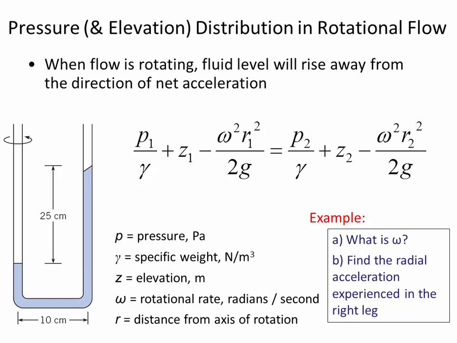I could have made the bottom of this U-tube my vertical datum, but that wouldn't be a strong starting point because I don't know how far location 1 is above the bottom. So it's simpler if I make this water surface 0, and therefore if z1 is 0, z2 is going to be 0.25 meters. I just get that from the drawing.